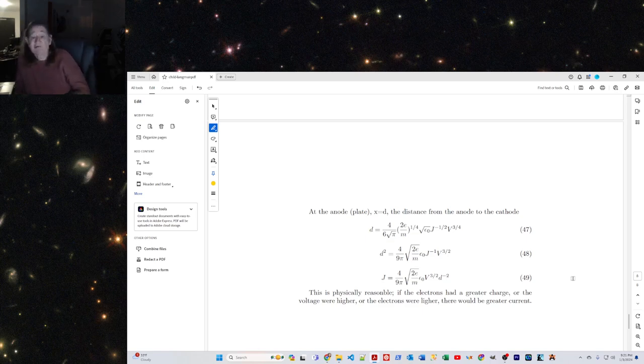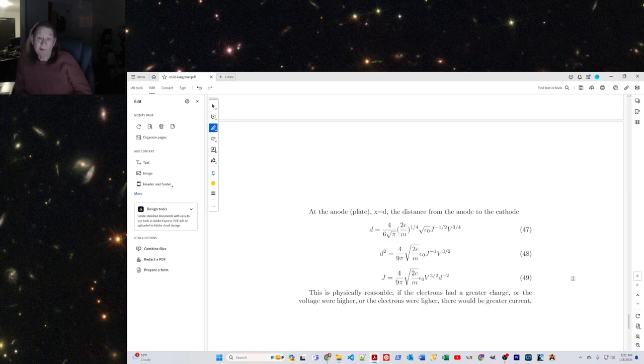Now it's physically reasonable. If we increase the voltage, J is going to increase. If the electrons had a greater charge, the force on them would be greater, and the current would increase. If the electrons were lighter, had less mass, then they would be accelerated more vigorously by the electric field, and again the current would increase.